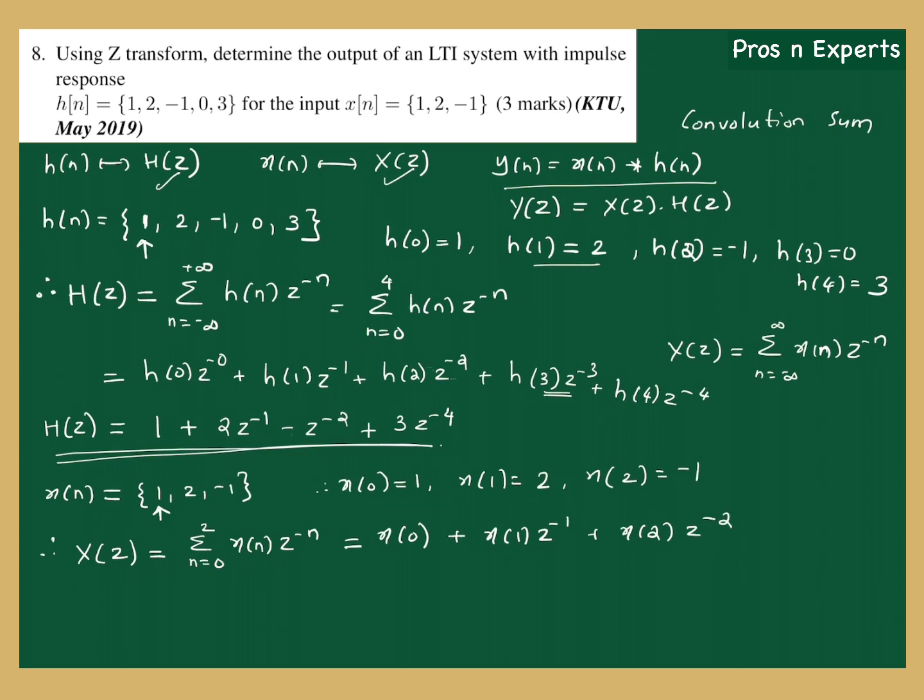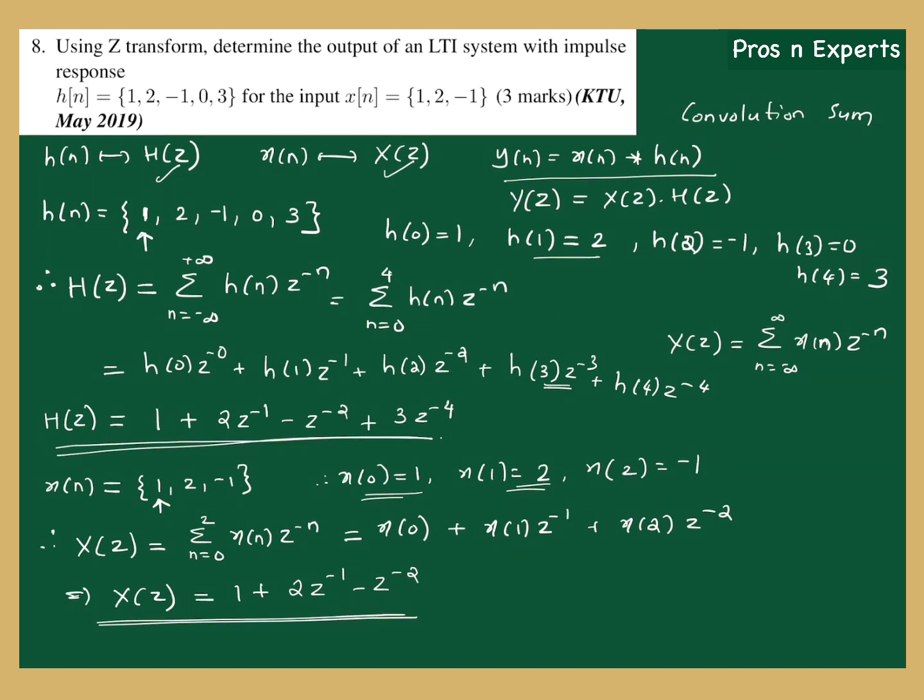That will give you X(z) as 1, plus 2 into z raised to minus 1, plus minus z raised to minus 2. Okay, so we got H(z) and X(z), and the question is to find the output. So we have to find out Y(z), right?